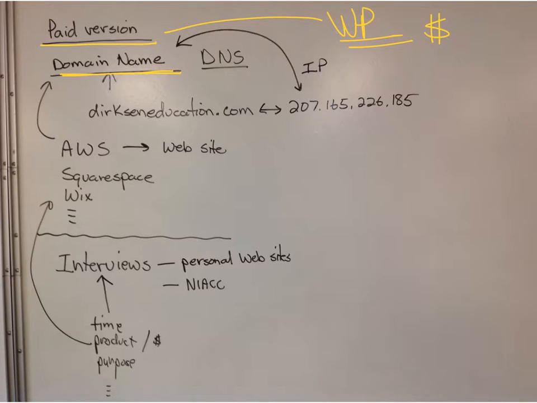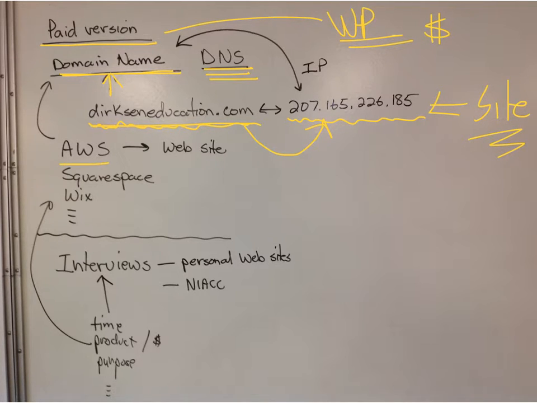You can just get a domain name without getting a website like dirkseneducation.com, and then you tie that domain name to an IP address, and then the DNS servers make the matchup. So somebody will type in the domain name, DNS will find the IP, and then the IP will actually locate the site via the internet.